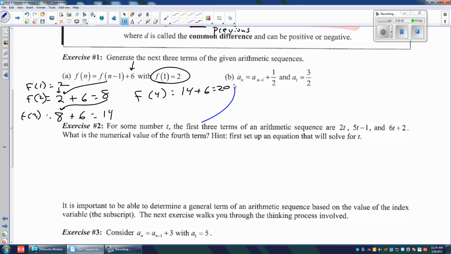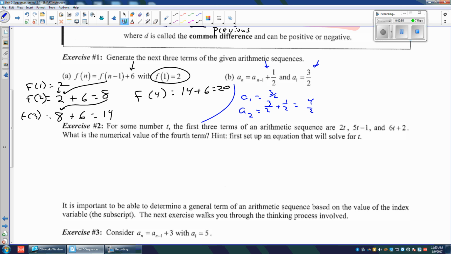So here we're adding a half. The first number is 3 halves. So a sub 1 is 3 halves. Now, if you remember how to add fractions, if you have a common denominator, just add the numerators.